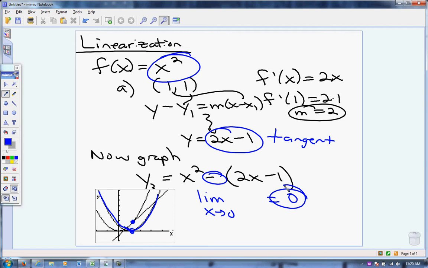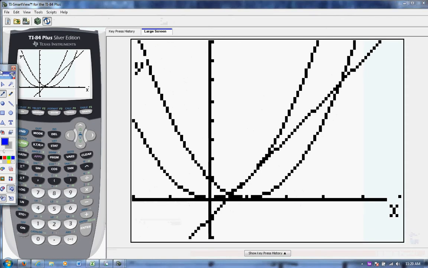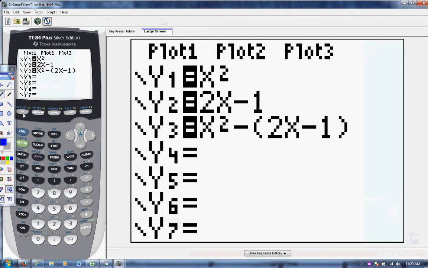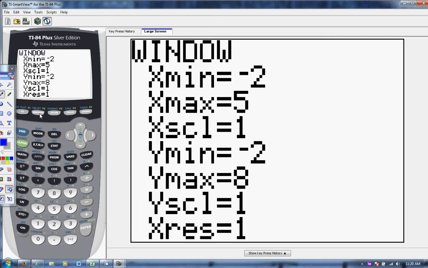Watch for a second. Let's go back to the graphing calculator. Let's go back to my y equals screen and take out that y3. We don't need it in there anymore. And let's go to my window and close down the window to 0.5 to 1.5.